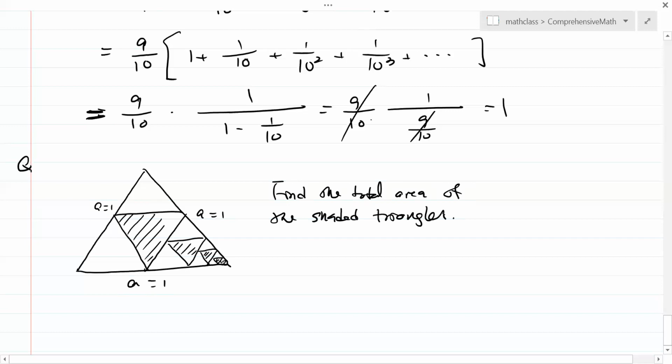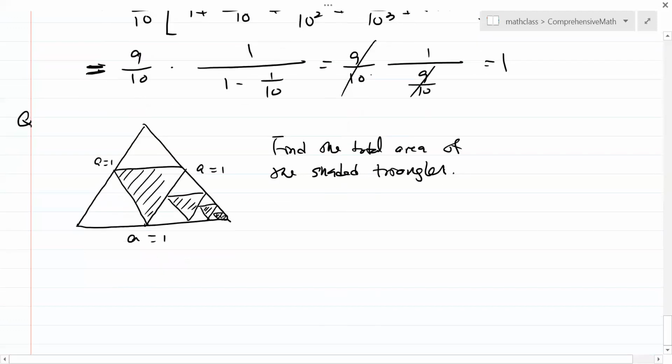The sum should be much smaller than the larger one. I know the area of the equilateral triangle. That's the formula: if the edge is a, the area is square root of 3 over 4 times a squared.